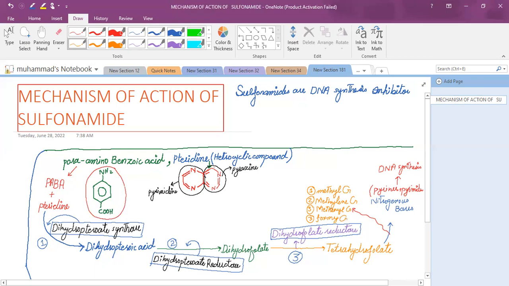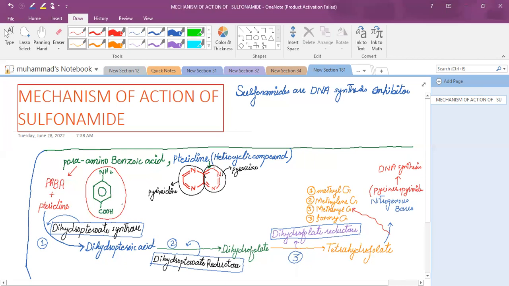So these groups are provided to these nitrogen bases and their synthesis is completed, and after that DNA is synthesized. So this is the cellular machinery of how bacteria synthesize their DNA through different constituents and the conversion of different constituents from one product to another, and ultimately DNA is synthesized.